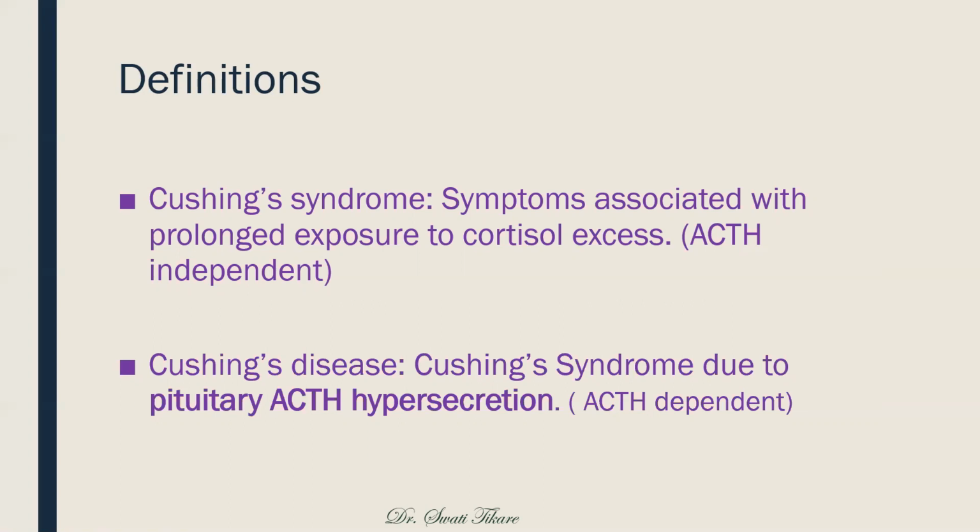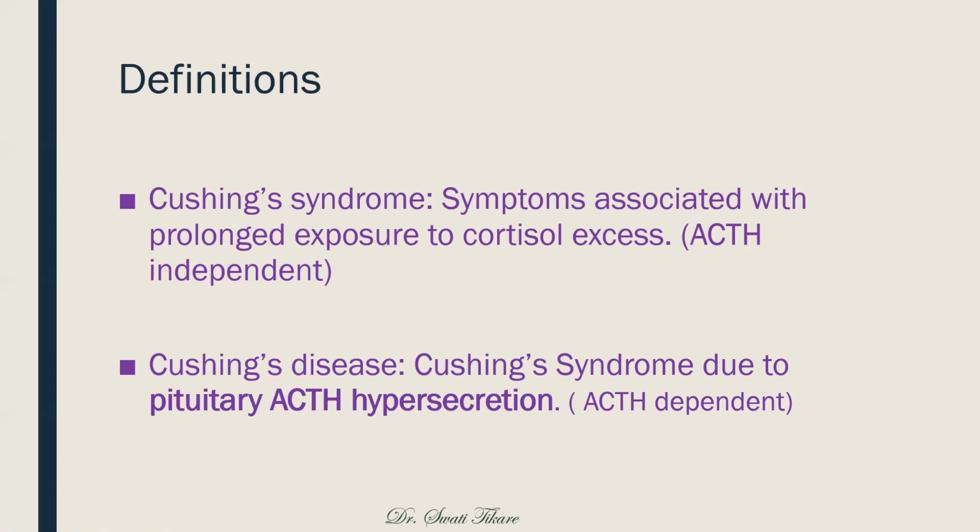Again, this ACTH could be produced by the anterior pituitary, or it could be some other adenoma which is producing ACTH. Like we know certain bronchogenic carcinomas which produce ACTH. Okay, so whatever the reason, the ACTH is increased here, and in response to that, the cortisol is also increased.